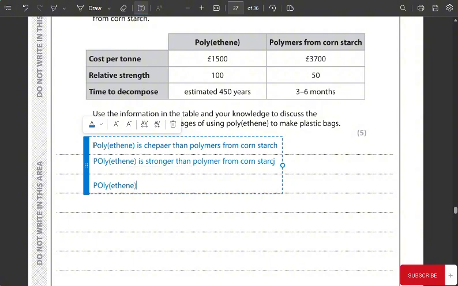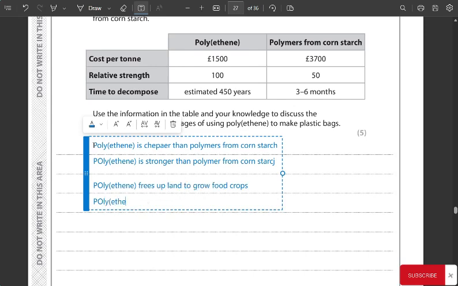Polyethylene frees up land to grow food crops, and polyethylene comes from cracking fractions of oil. Totally, it came from cracking.